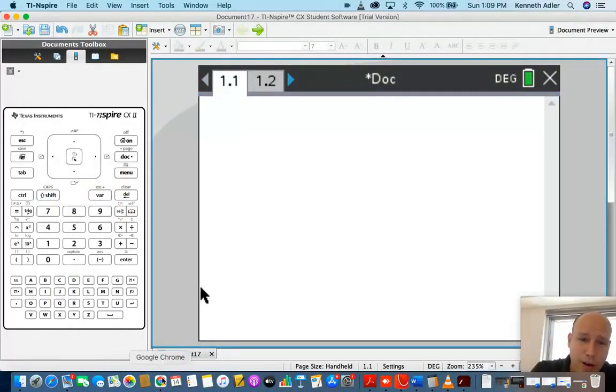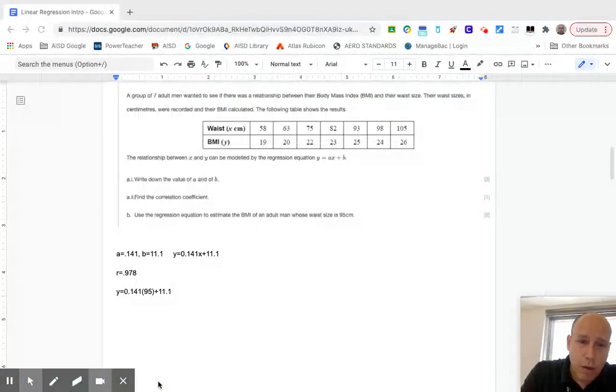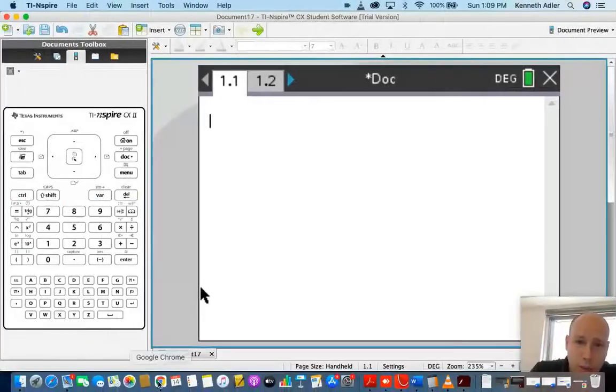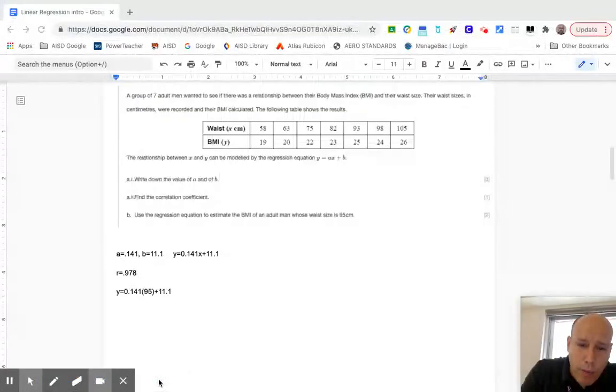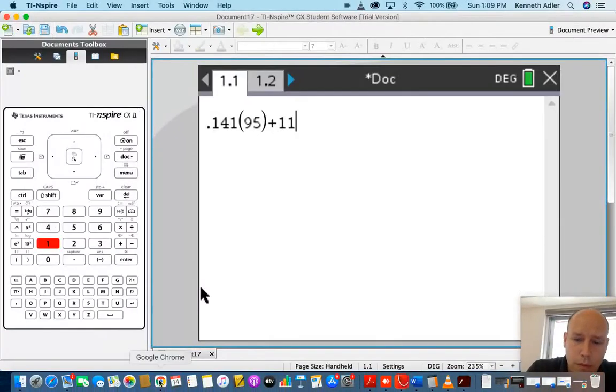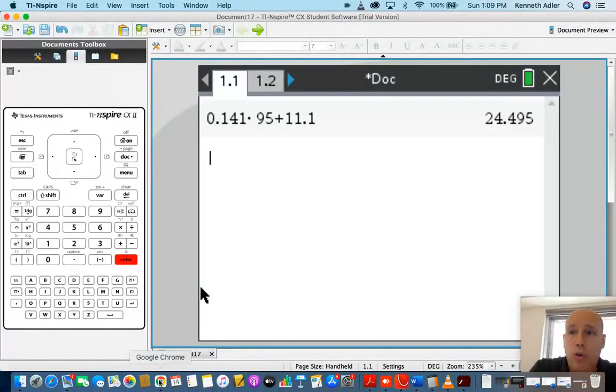Because I keep forgetting, I get nervous. 0.141 times 95, close parentheses, plus 11.1. Enter. 24.5. Or remember, we saved the regression as function 1. F1, open parentheses, 95, close parentheses.